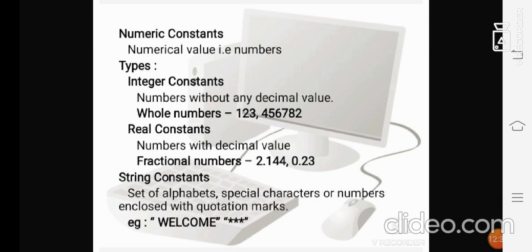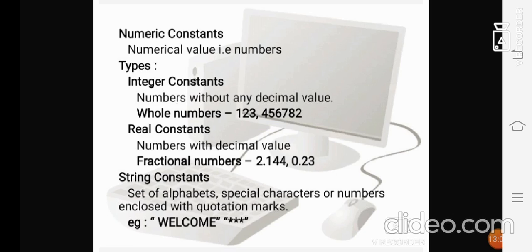Let us see the numeric constants. Numeric values, for example, numbers. Types: integer constants are numbers without any decimal value, whole numbers, and real constants are numbers with decimal value, fractional numbers.